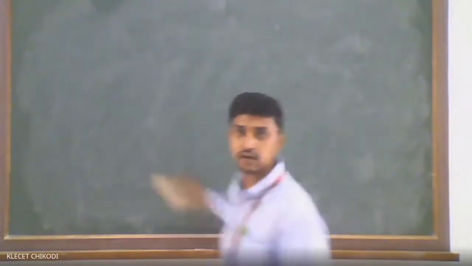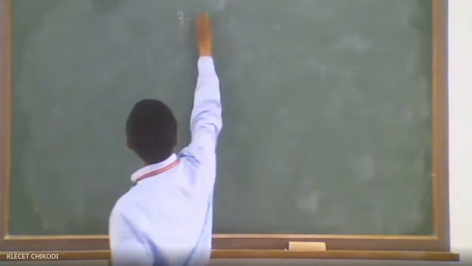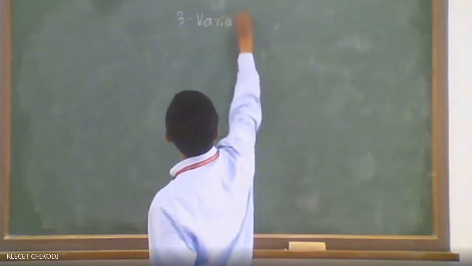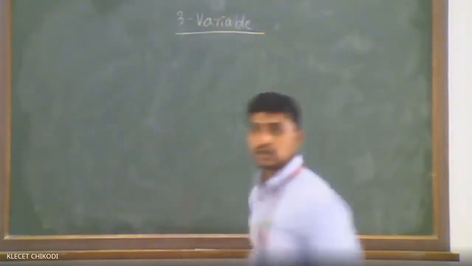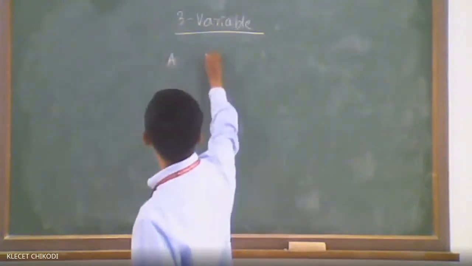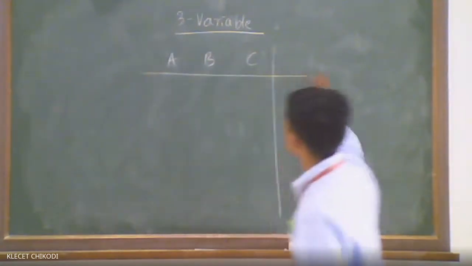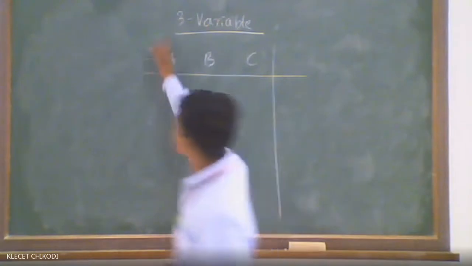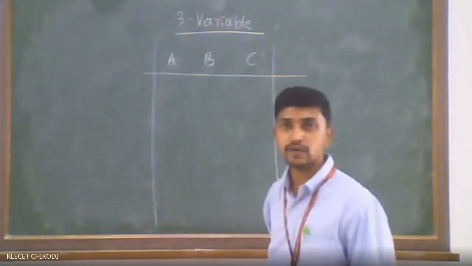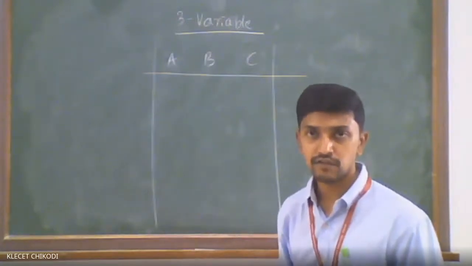Just put a comment there: how many input combinations will we get for 3 variables? Yes, it will be 8 for 3 variables. I will consider the variables as A, B and C. And what are the decimal equivalent numbers we have to get for those 8 combinations?